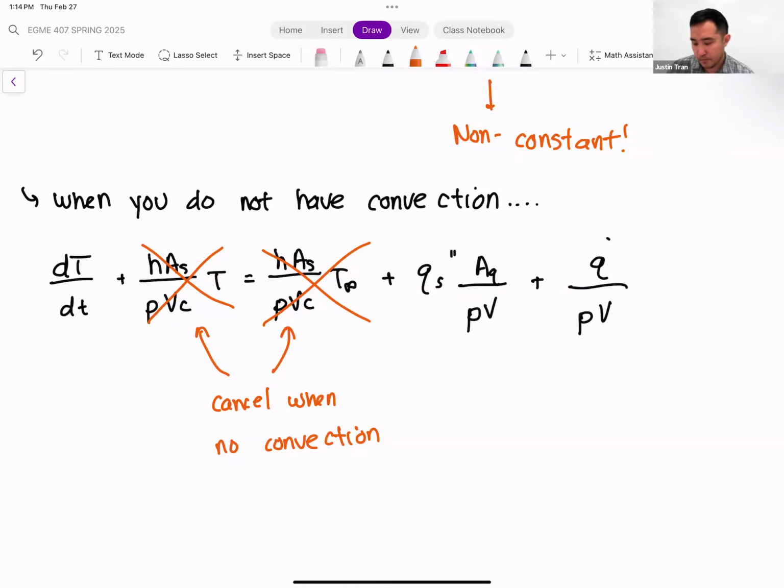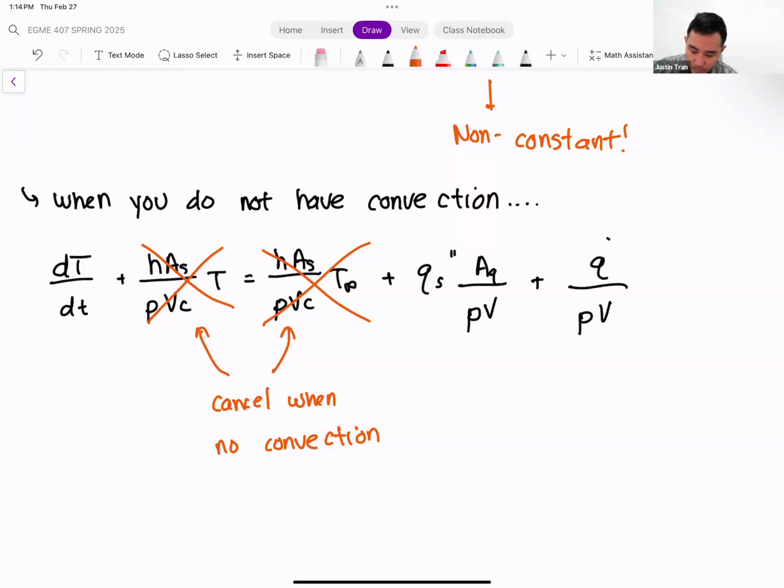Makes sense, right? Another way to think of this is that without convection, the convection coefficient h is going to be 0, and so if h is 0, then both of those terms are just going to go away. All right, so now we have this expression dT/dt is equal to q_s double prime A_q over rho V c plus q dot over rho V c.